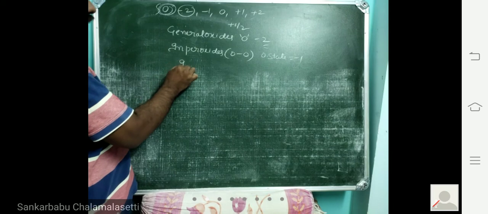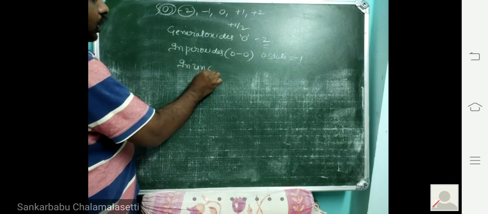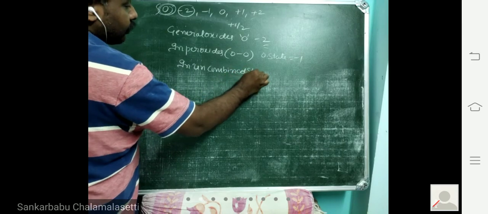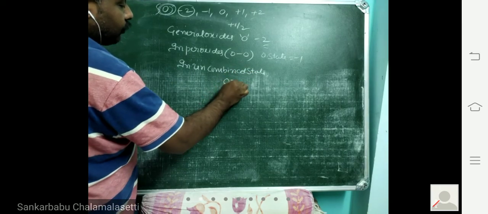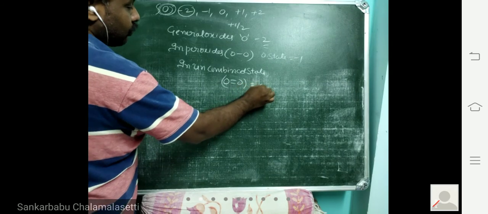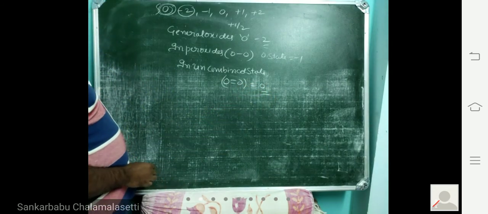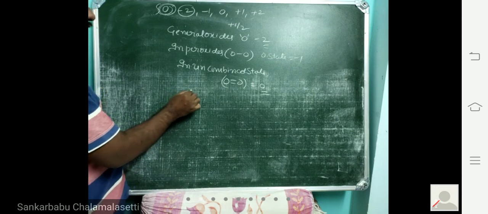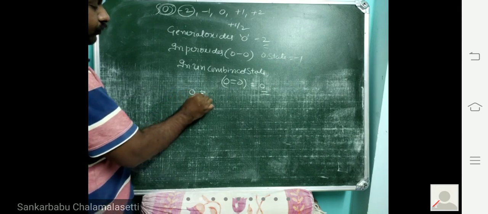In the uncombined state, that is O=O, the oxidation state is 0. And oxygen shows the +1 oxidation state with fluorine in O2F2.